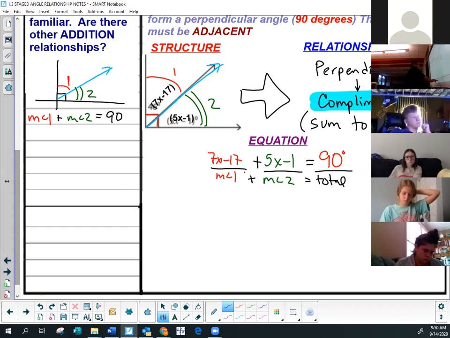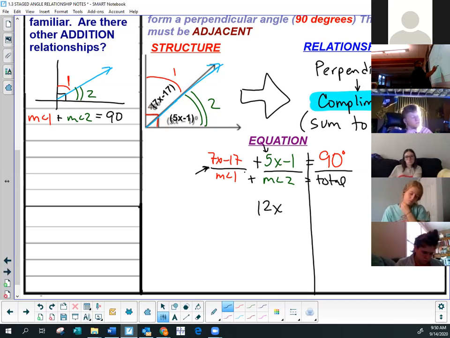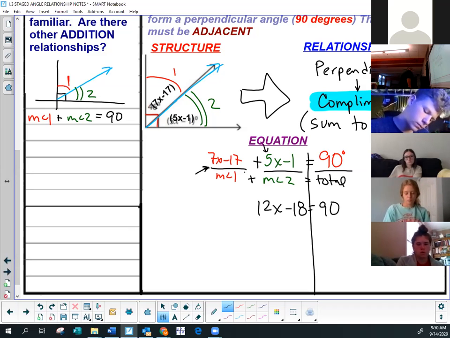Now from here, and again, if you know the next step, please don't wait for me. We're just going to solve down to x. So we have 7x and 5x makes 12x. So we'll add 18.